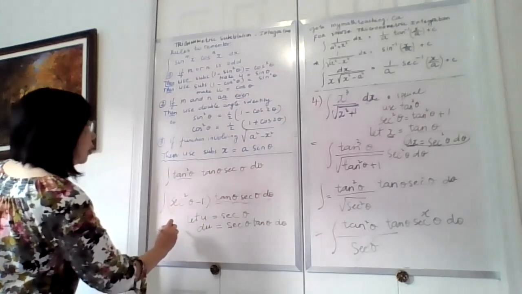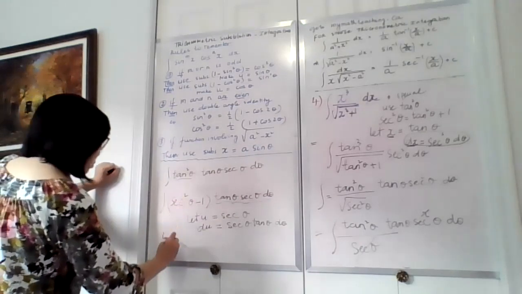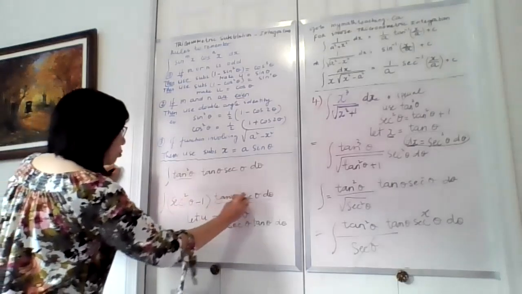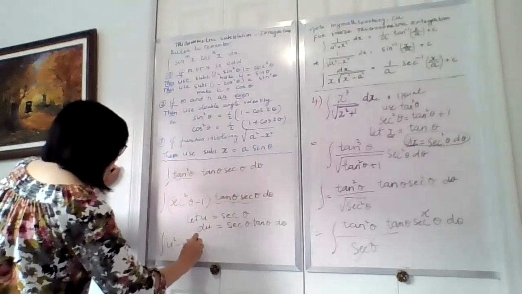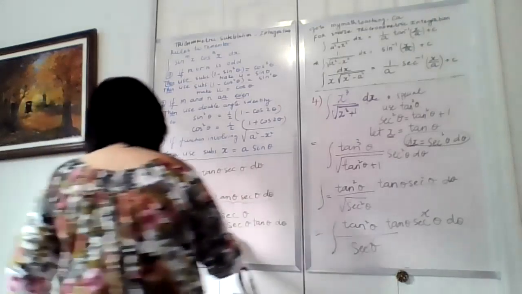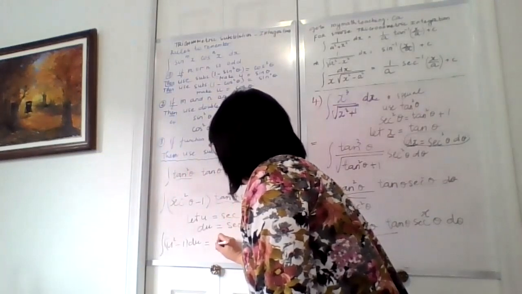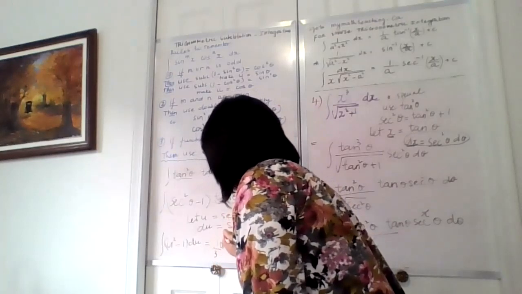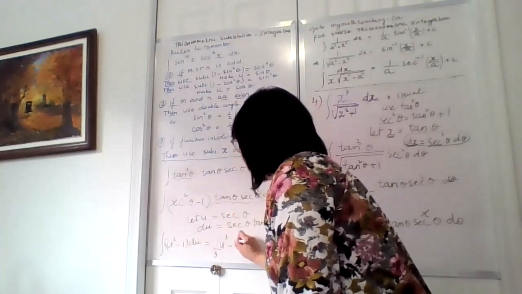So u squared minus 1. And du we substitute for the whole thing here. So now I can integrate them easily, right? So now I will get what? The answer will be 1 over 3 u to the power 3 minus 1 here becomes u.